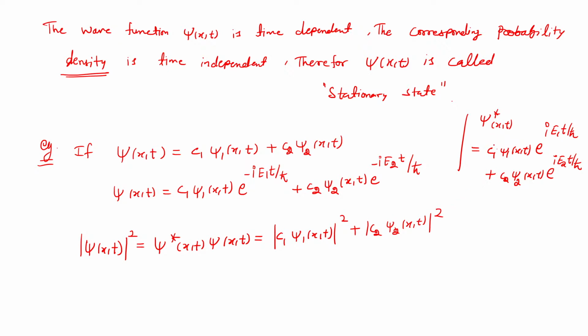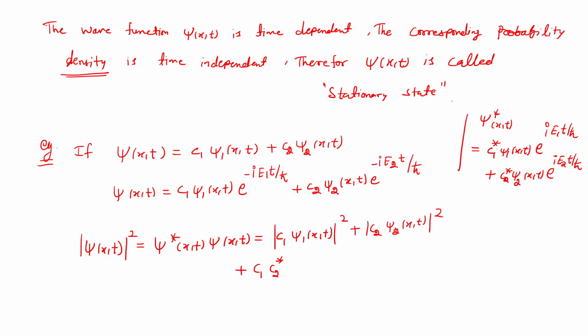When you do the star, the complex conjugate, you also do C1 star and C2 star because of complex conjugacy. So here you get plus C1 C2 star, then you have this psi 1, psi 2 star.